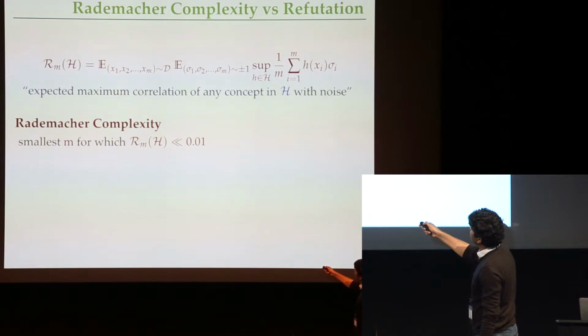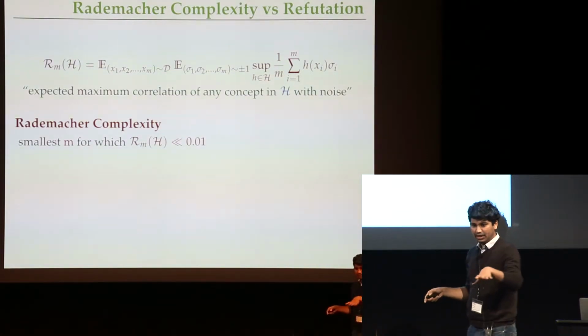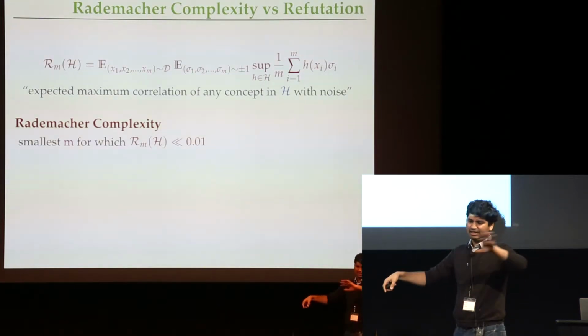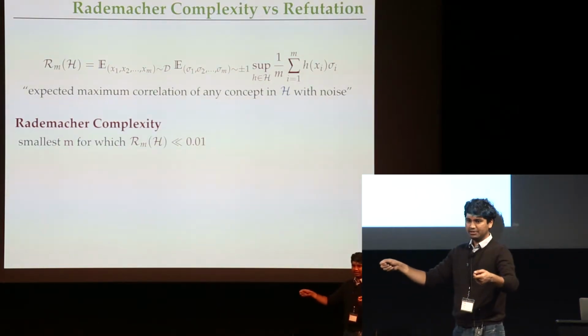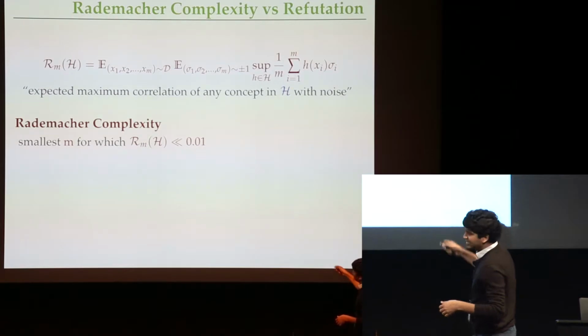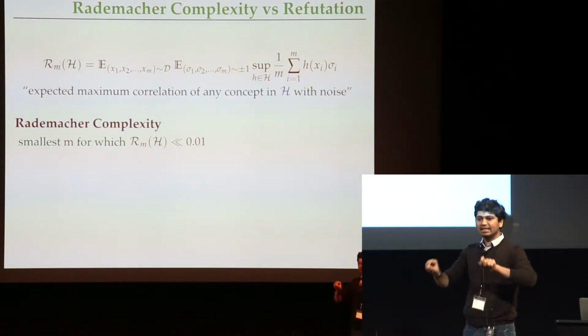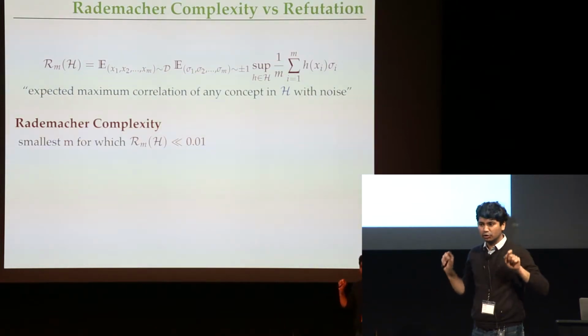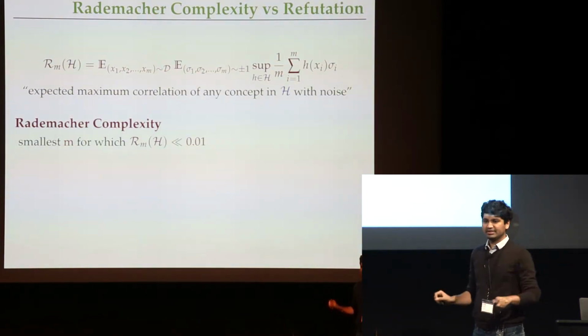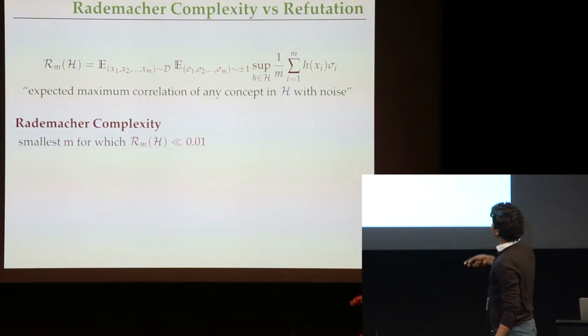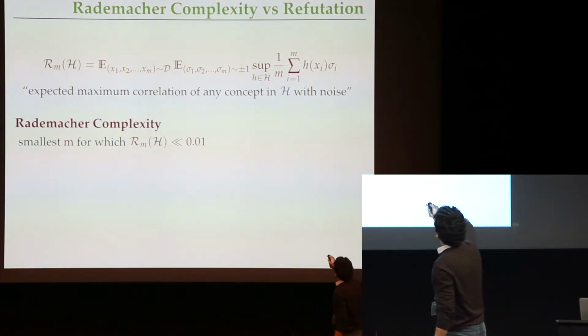I'm going to draw x1, x2, through xm, the example part, from the distribution D. So I took m examples, stripped them of the labels, and look at the example parts. For the labels, I replaced the actual labels generated according to D by completely uniform and independent plus or minus 1 random variables. These are called Rademacher random variables, and that's why the name Rademacher complexity. And then I consider the following quantity.